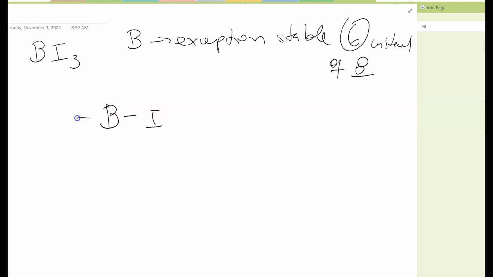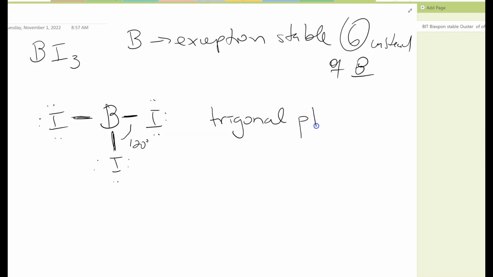It goes and sits in the middle. You have iodines around it, and each of the iodines has 3 lone pairs surrounding it. And boron is stable this way. Now, along with that, these bonds are at 120 degrees from each other, and that minimizes the repulsive forces. And the geometry for this is called trigonal planar.